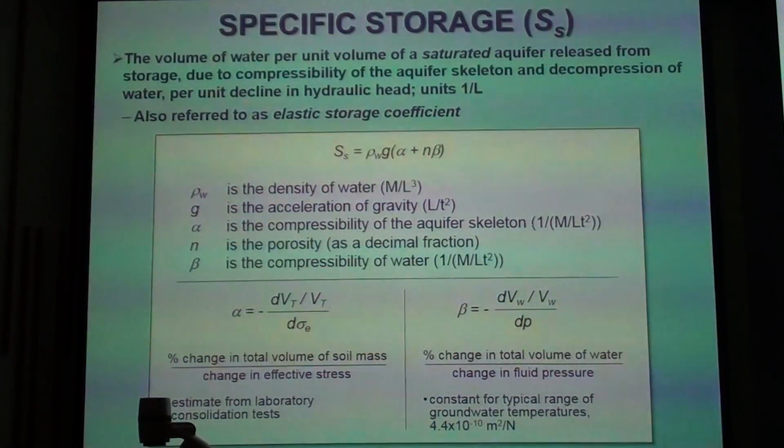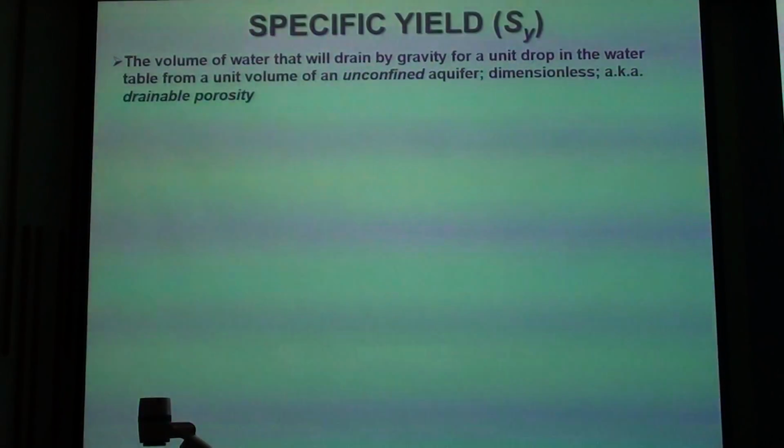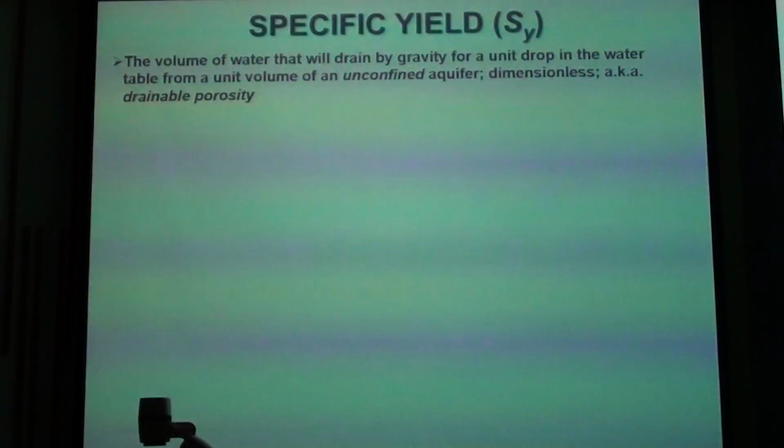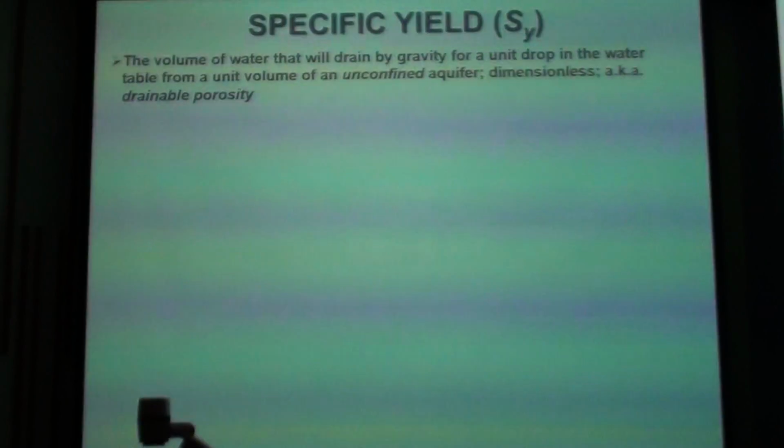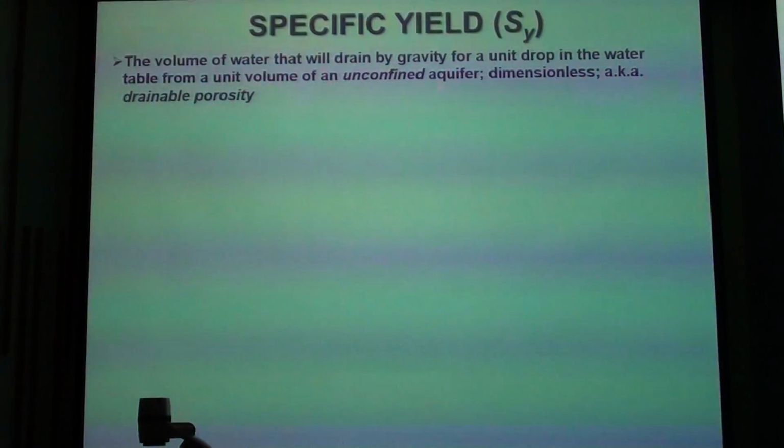But do remember storativity and the fact that it's elastic storage, because later on one of the other parameters depends quite heavily on that one. Specific yield, much more important. It's the volume of water that will drain by gravity this time, for a unit drop in water table from the unit volume of an unconfined aquifer.